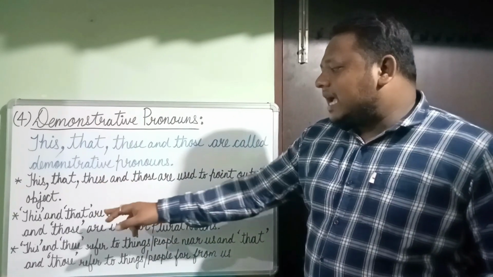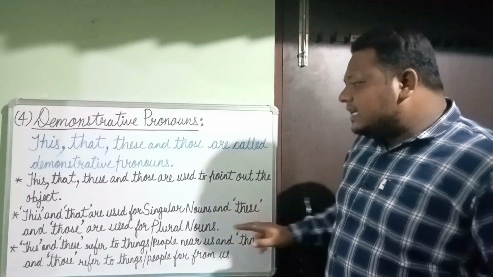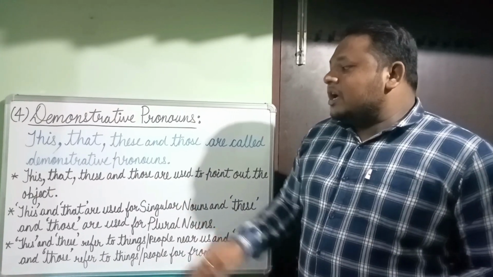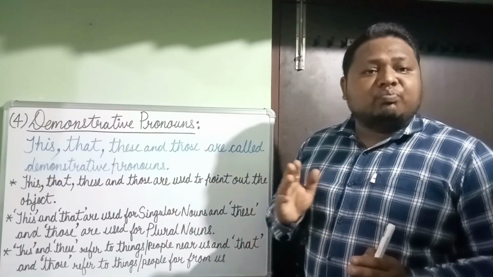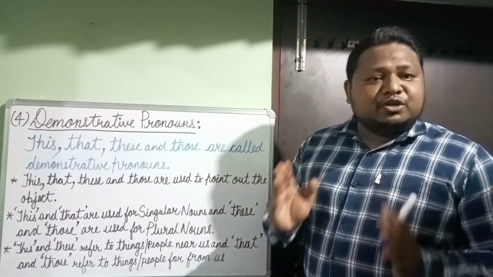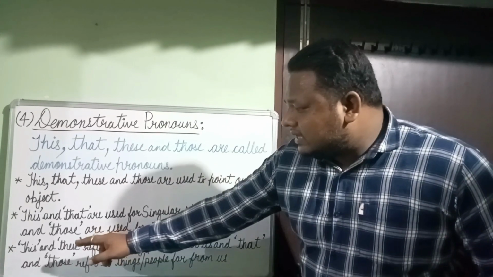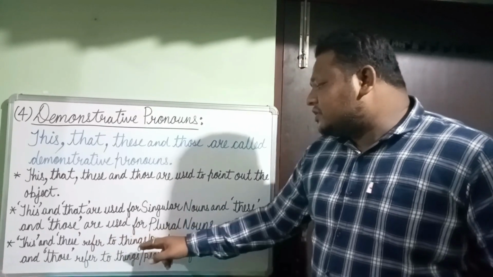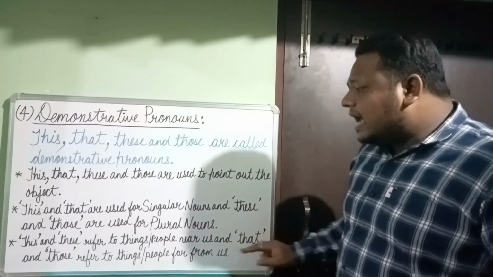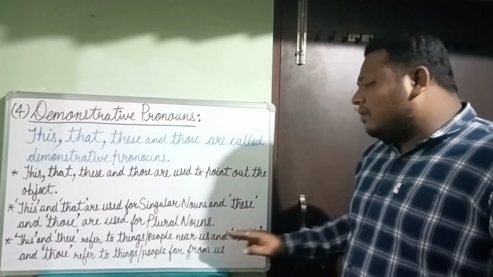Number 2, this and that are used for singular nouns and these and those are used for plural nouns. Next, this and these refer to things or people near us and that and those refer to things or people far from us.